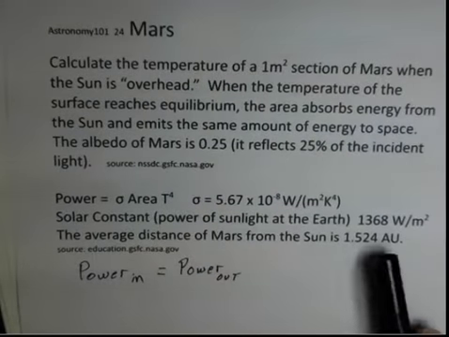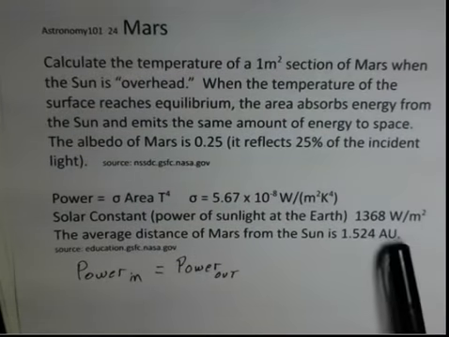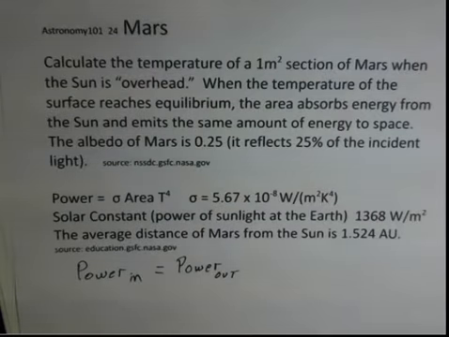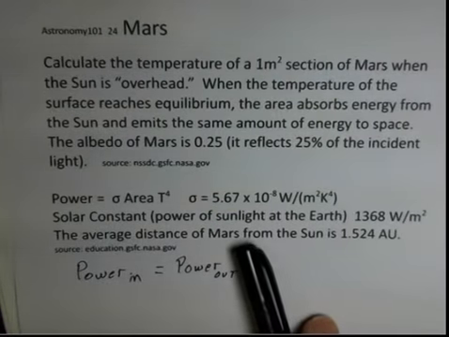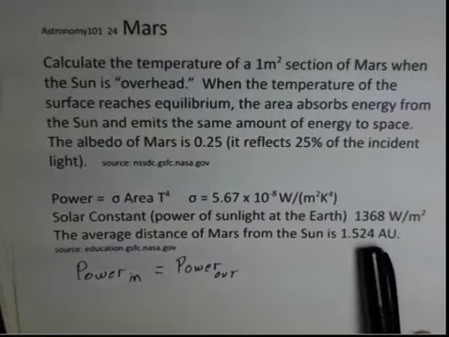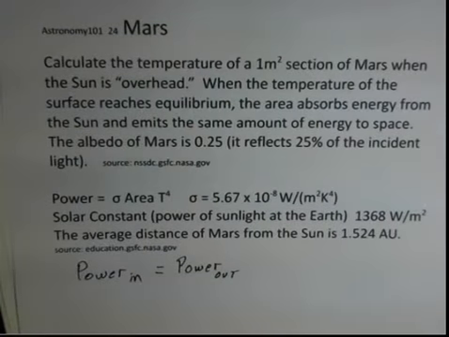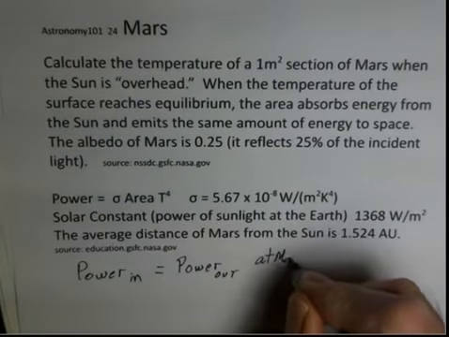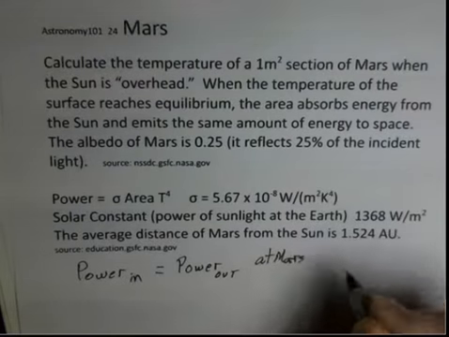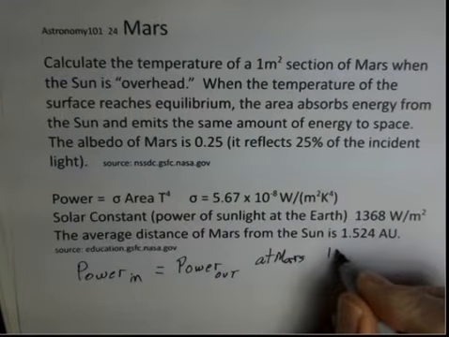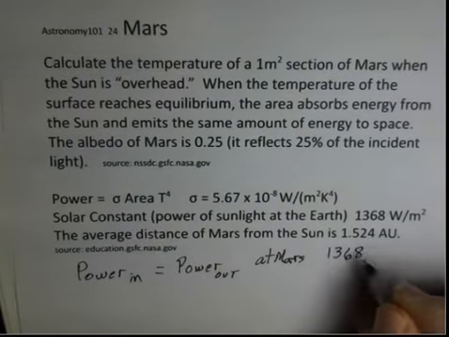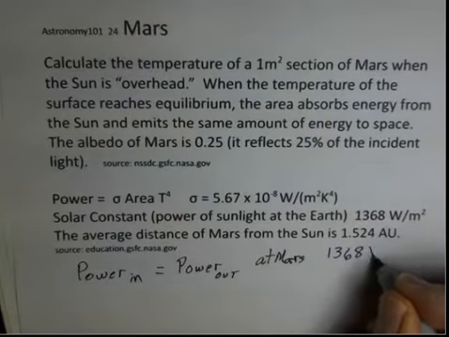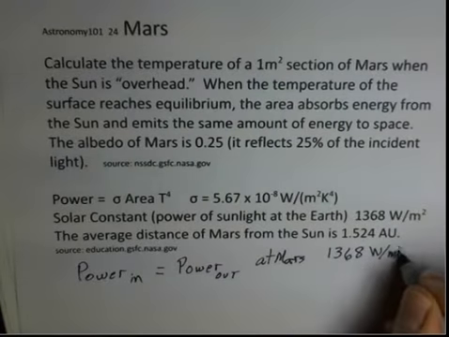At the Earth, we have 1368 watts per square meter available. But Mars is not at that distance from the Sun. Mars is further away. Mars is at 1.524 astronomical units. So at Mars, we find the power available by dividing by the square of the average distance of Mars orbit.